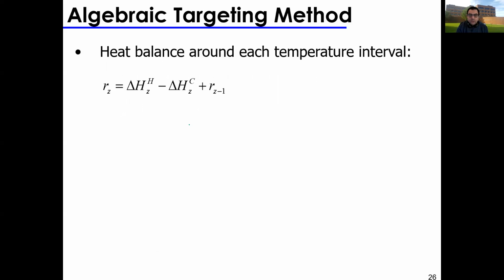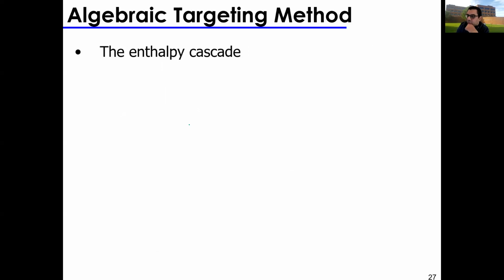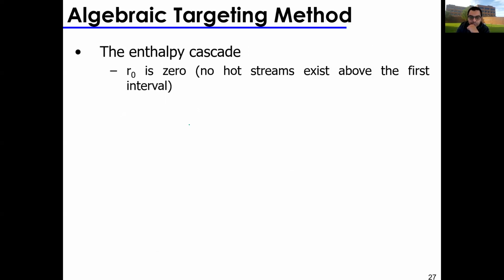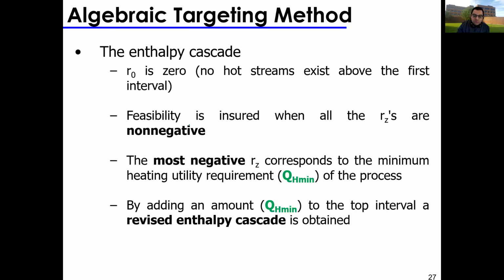Okay. And then heat balance. So this is just for your reference. You can always have a look at it later, but we don't need to worry about it for now. Okay. In the algebraic targeting method, what we really need to build is something called the energy cascade, the enthalpy cascade. And of course, these are just some pointers for you.